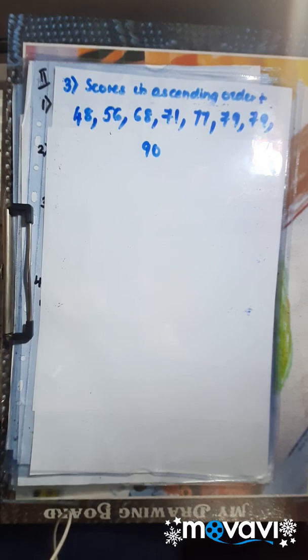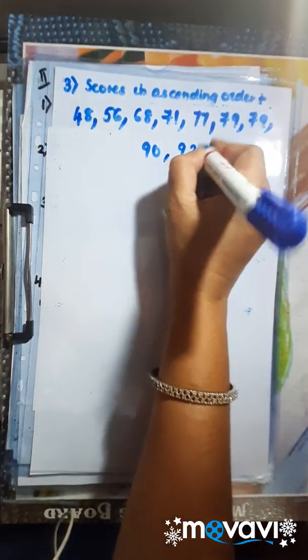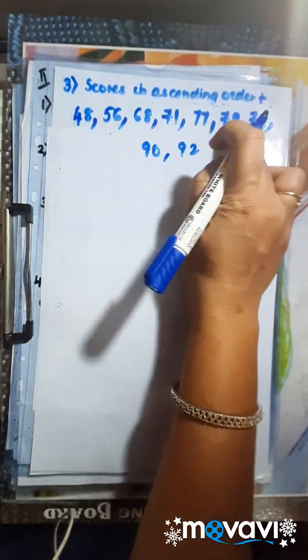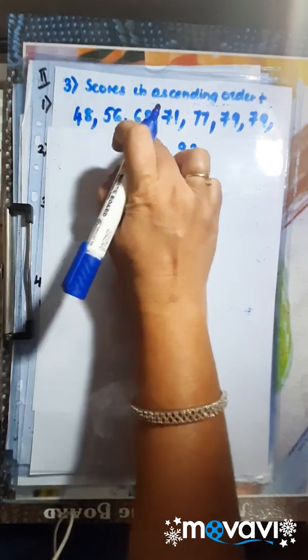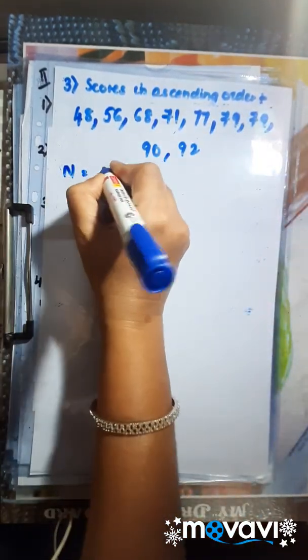Then after 71 you have 77, 79 twice, 90, and there's a 92. So we got 9 scores: 1, 2, 3, 4, 5, 6, 7, 8, 9. So my n is equal to 9.